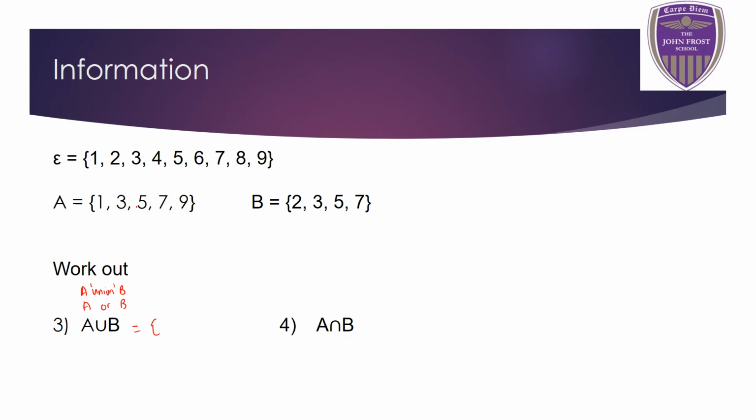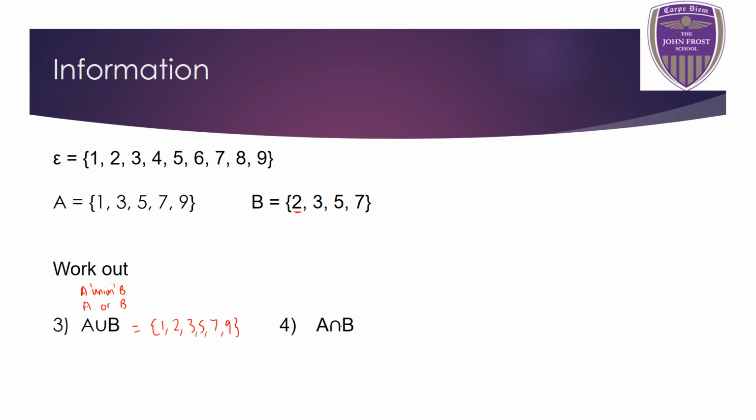Well, we've got all of these numbers in A, and is there anything in B that is not in A? Well, we see here that the number 2 is in B. So if it's in A or B, then it contains all numbers in A or B. So that will be 1, 2, 3, 5, 7, and 9. So they're the numbers that are in either A or B.